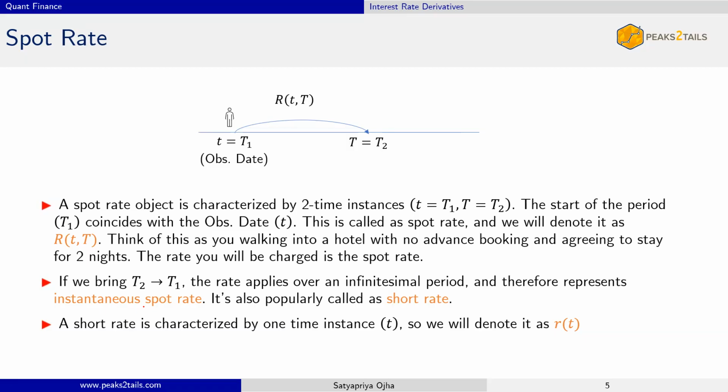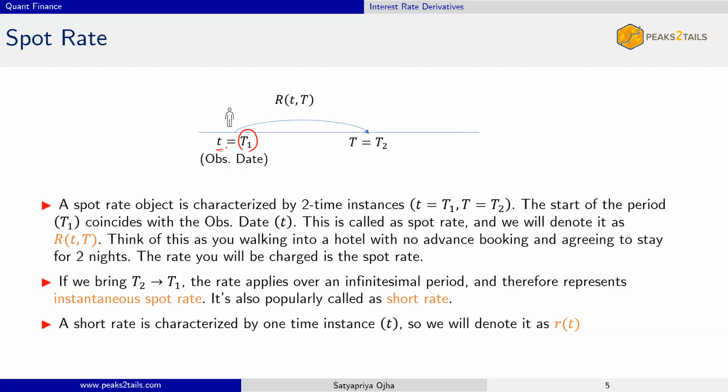Spot rate means your starting period, capital T1, coincides with the observation date. That means it's a rate that starts right away. Whenever you are observing the rate, the start of the investment period or the rate period is that date, because it's on the spot.